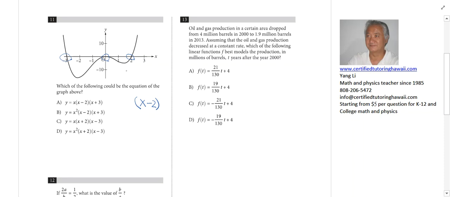And since the graph crosses there, the power of this x minus 2 should be odd.